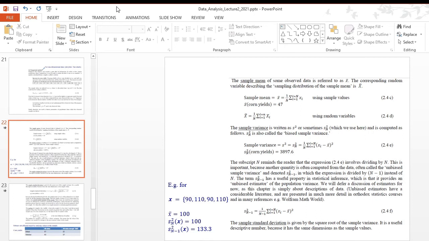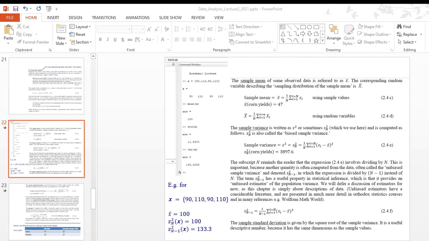So you should be aware that there are two different formulae for this, mainly because when you use software like MATLAB for data analysis, it actually makes a choice for you about which equation to use. And here's the choice it makes. If you feed MATLAB a list X of these numbers, 90, 110, 90 and 110, you can tell it in the console to give you the mean of X, and it will, as you expect, come back with 100.